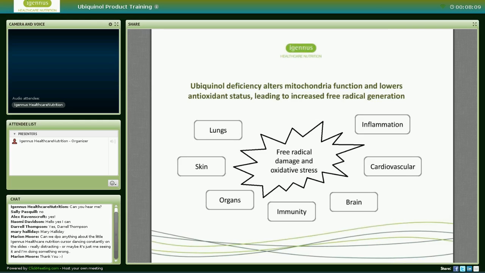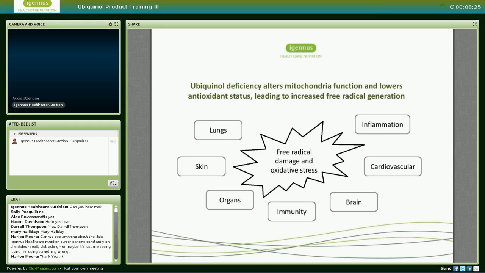And so again we see ubiquinol deficiency can alter mitochondrial function, so we see issues with energy production, but it can also alter antioxidant status, and this leads to increased free radical generation.